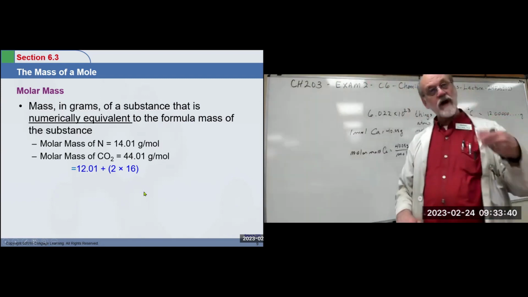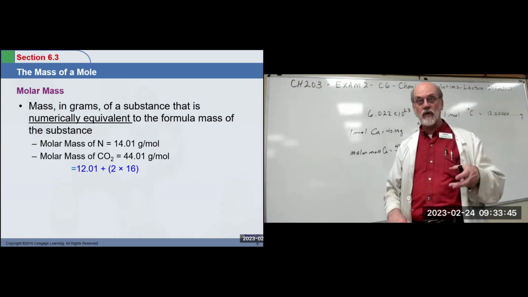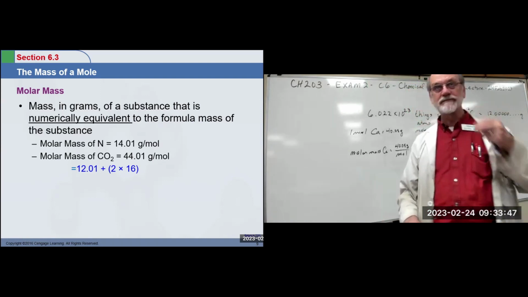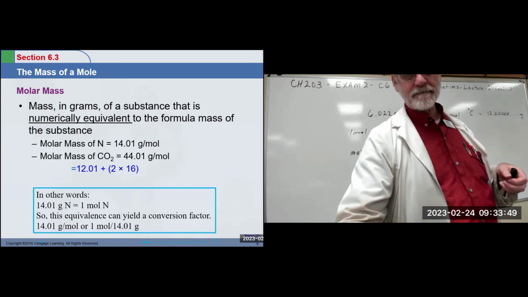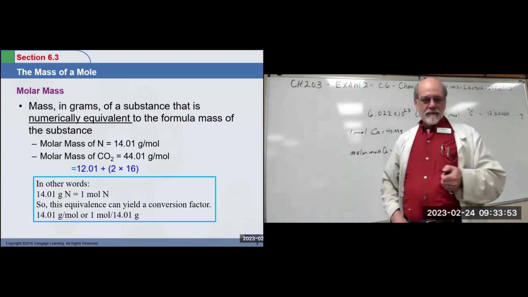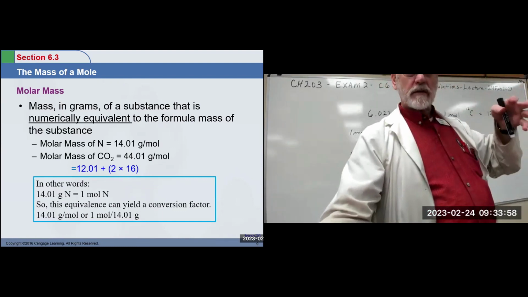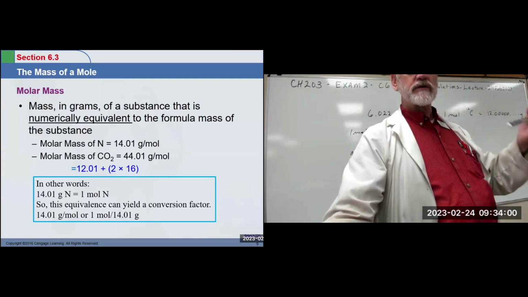And you have carbon dioxide then has a molar mass of 44.01 grams per mole. And there you have a conversion factor for the compound as well as just elements.